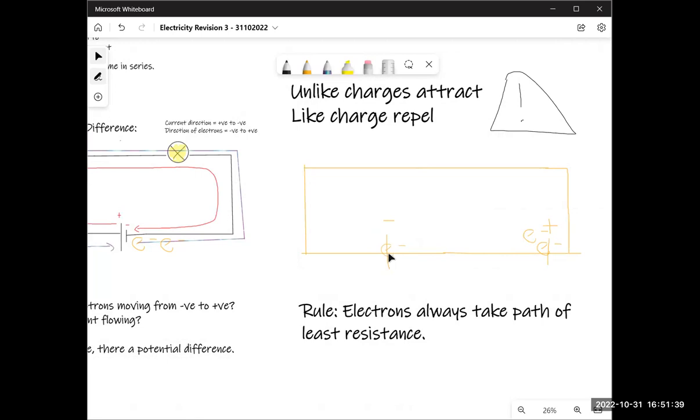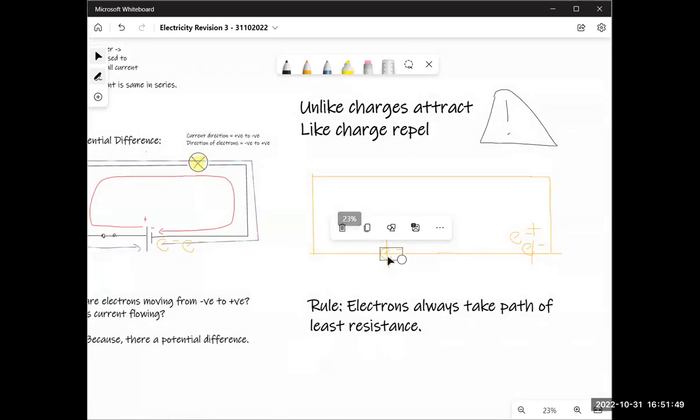Najla, where? Okay, Najla, I think you have answered. Sumaya, can you hear me? Yes, sir. So this electron will go to where? Okay, the electron wants to go to the positive terminal, so it will go directly to the positive terminal like this. Any questions?